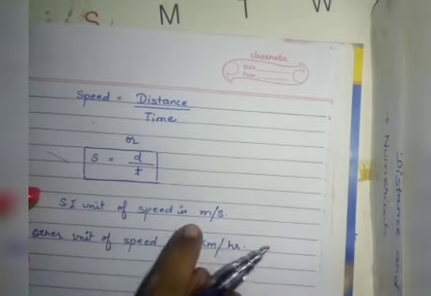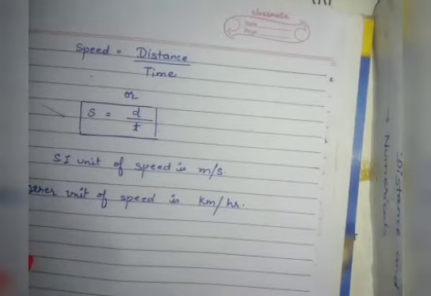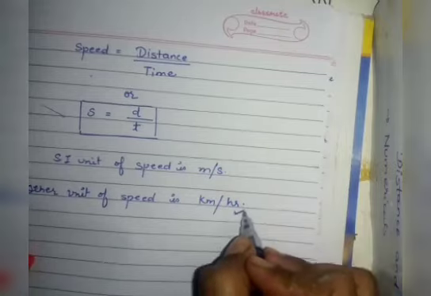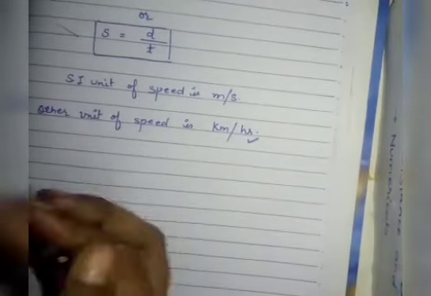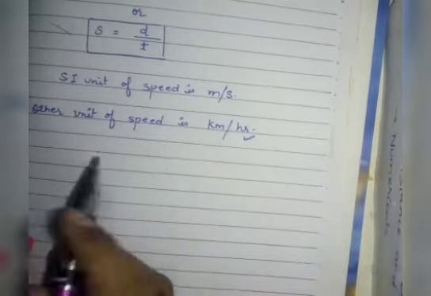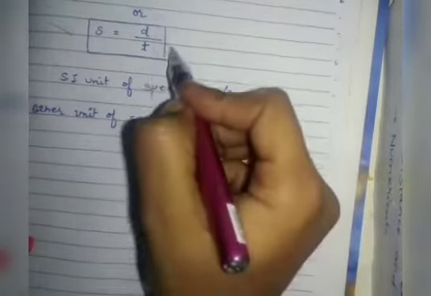The SI unit of speed is meter per second. The speed of fast moving vehicles is usually expressed in kilometer per hour. If we know the speed of a body, we can also calculate the distance it covers in a given time by rearranging our formula of speed.